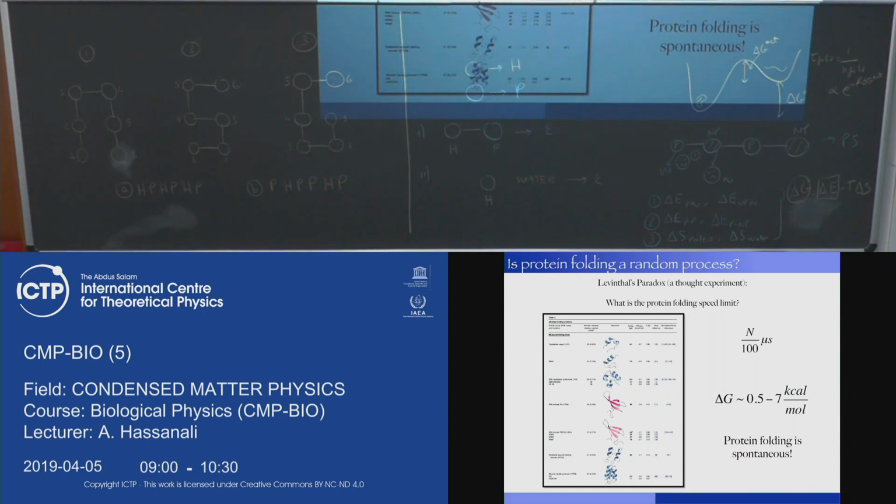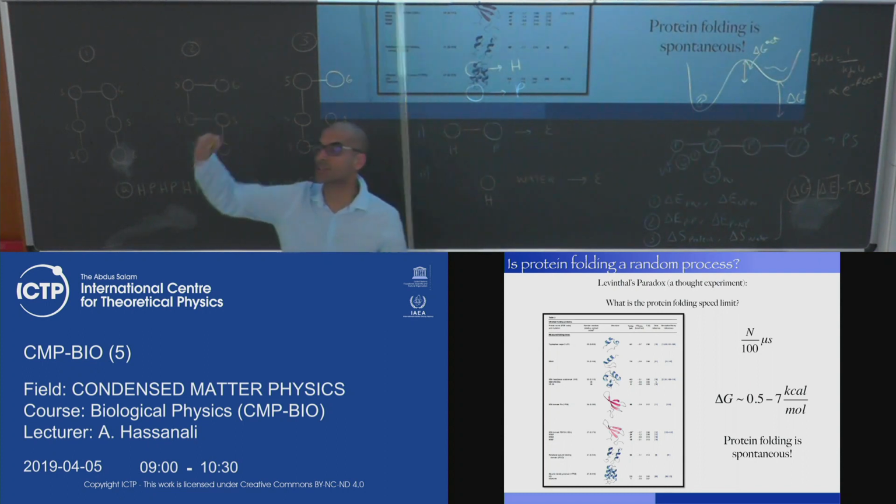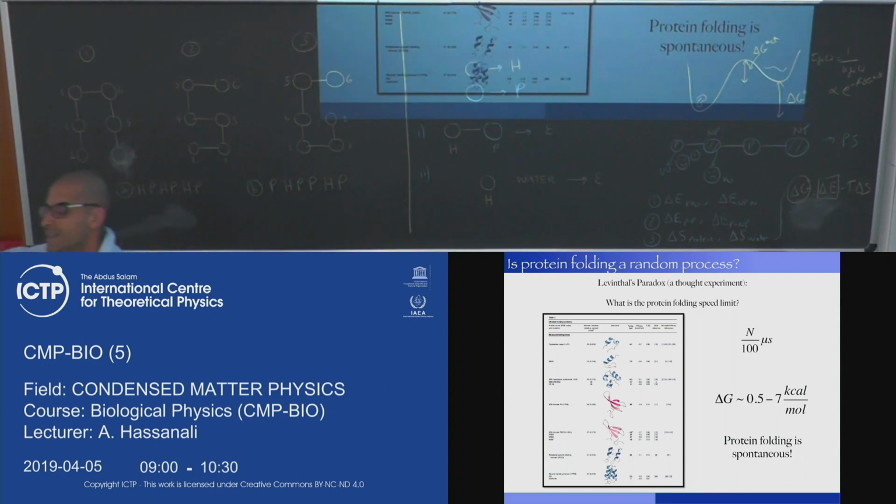It's very easy to show. You take a simple protein with 50 amino acids, the change in the delta E, this part, will involve hundreds and hundreds of hydrogen, let's say, dipole-dipole interactions. So that can easily come up to several hundred kBT.